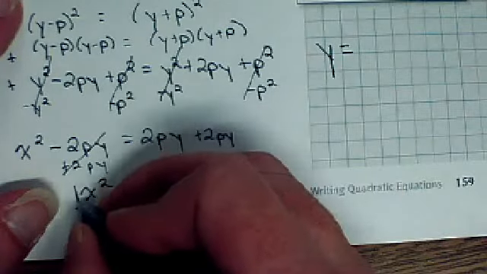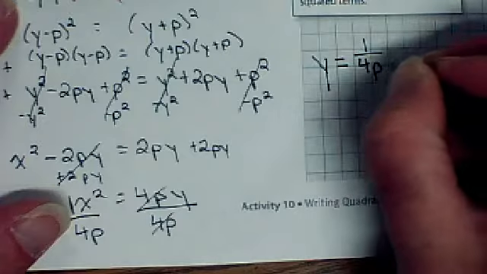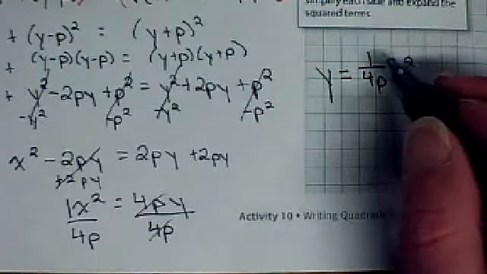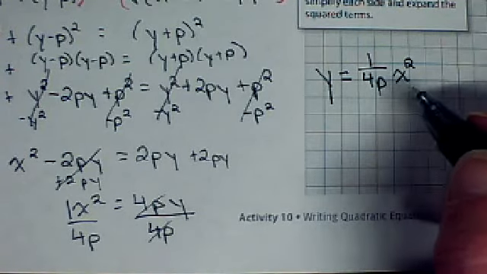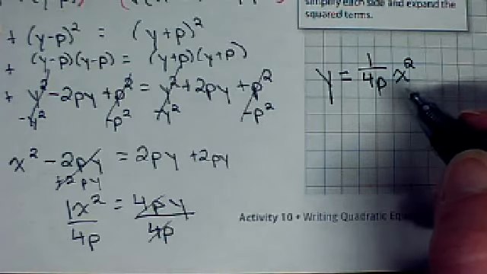Well, it's like a 1, right? So that's like 1 over 4p times x squared. So that proves how that coefficient is related to the distance from our focus to our vertex, or from the vertex to the directrix.